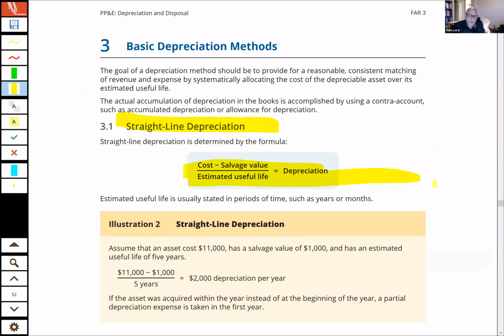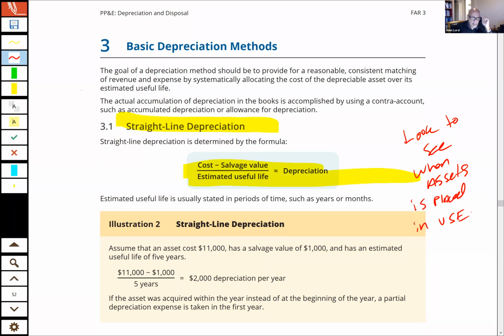Okay. The only thing is, look to see when the asset is placed in use. What the examiners love to do is they know this is easy.